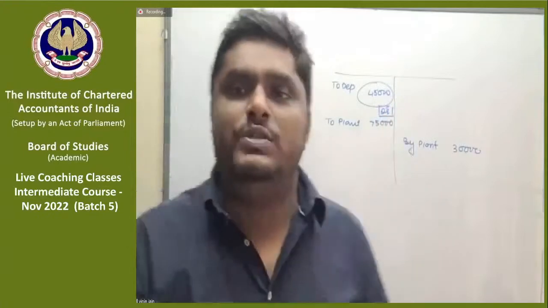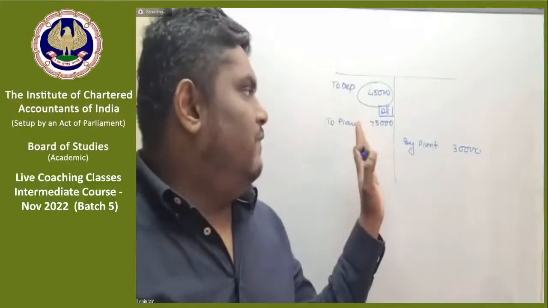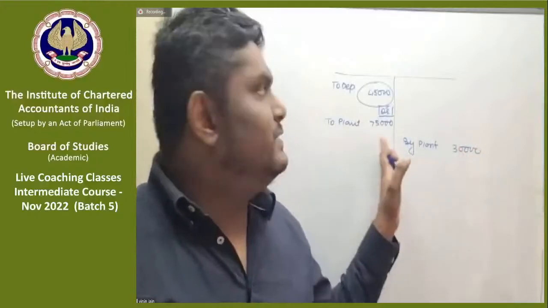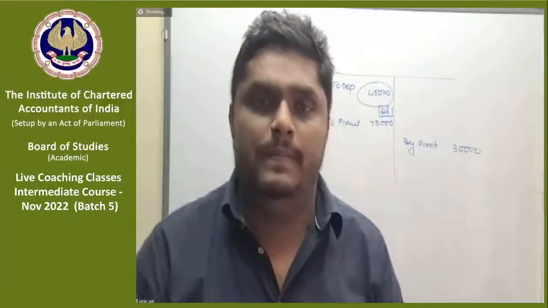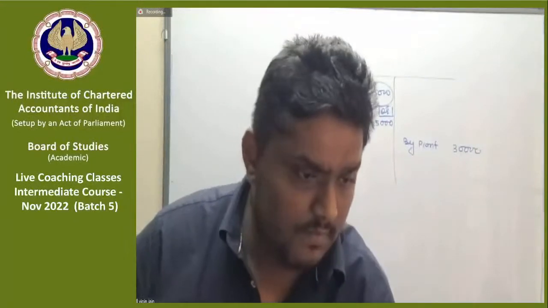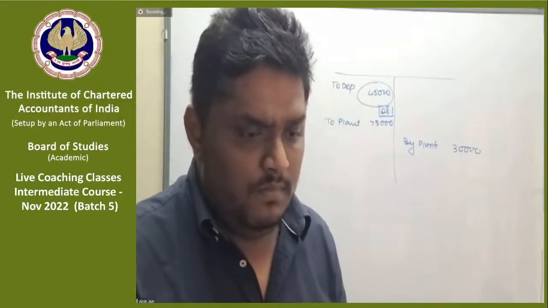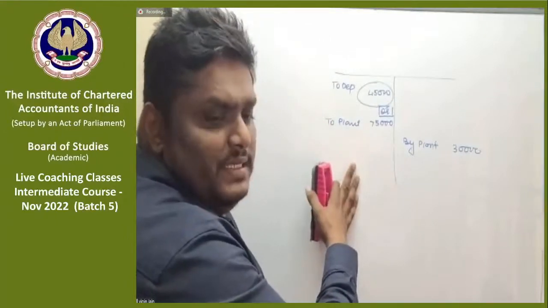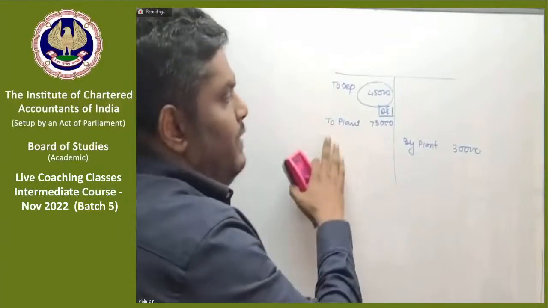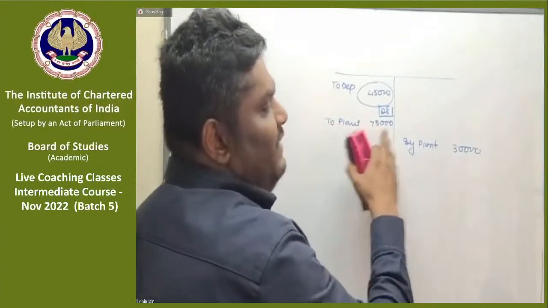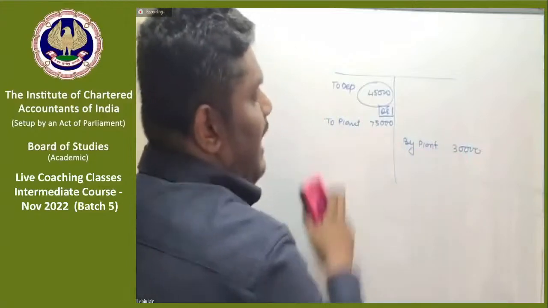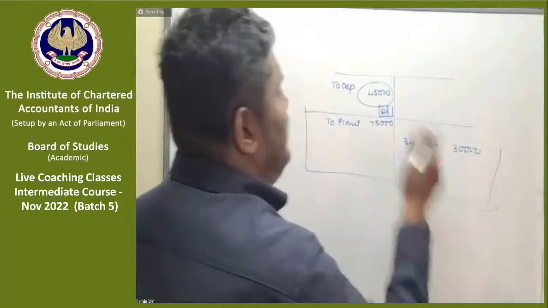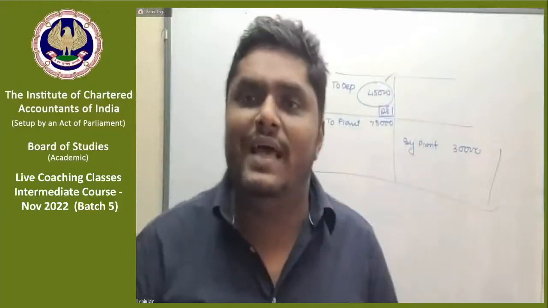So both the approaches are correct. Instead of writing to plant, by plant, the net effect is 45,000. I have written directly to depreciation. I hope, Tanishka, your query is resolved. You can either write to plant 75, by plant 30,000, or you can simply write 45,000 to depreciation. Both the approaches are correct.